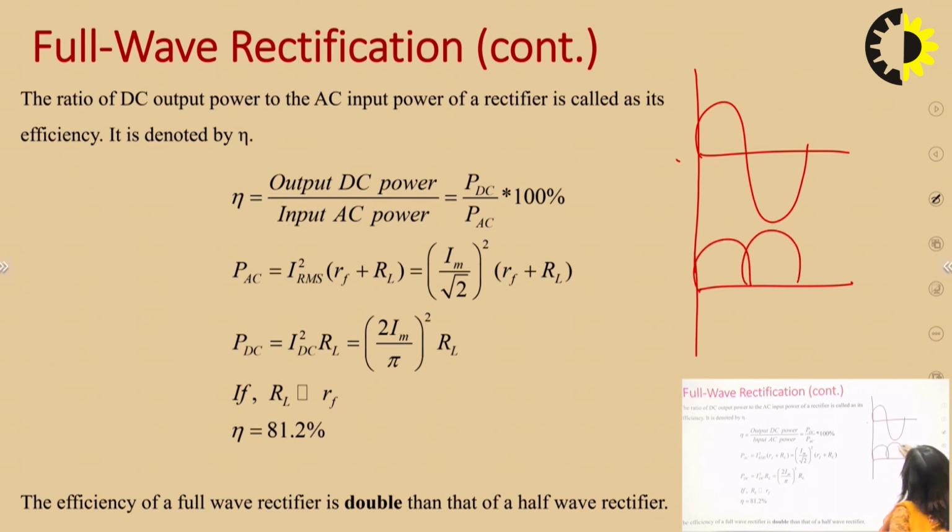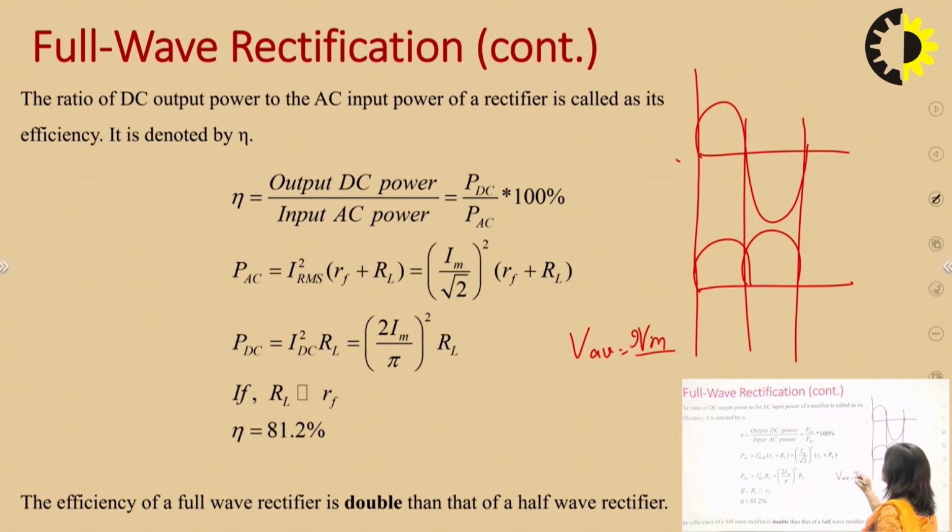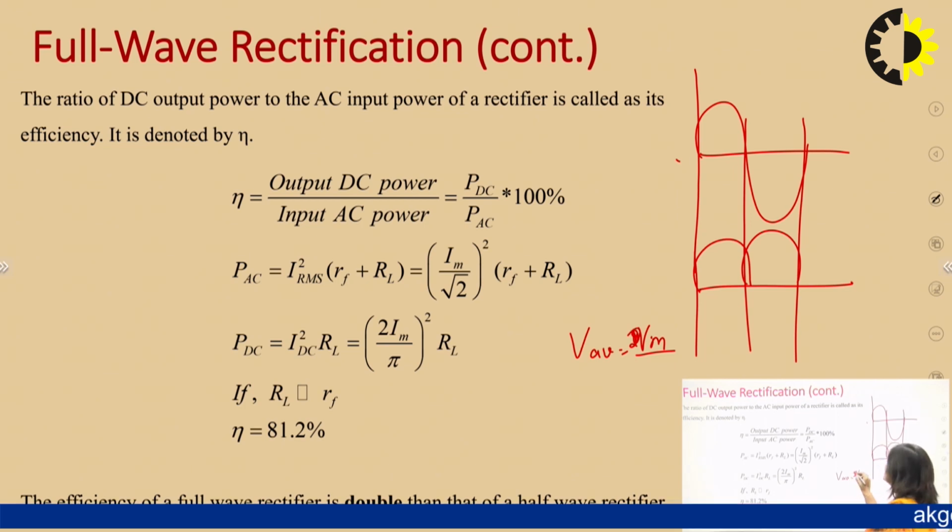In both cycles, we will be getting the output, and when we calculate the average value, it will be 2 Vm upon pi, and for Vrms it will be Vm upon root 2.